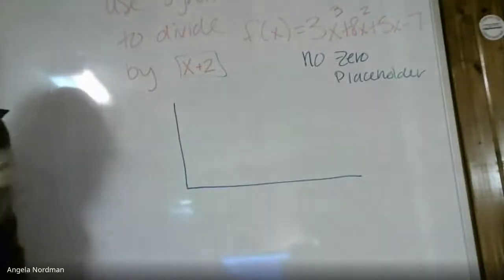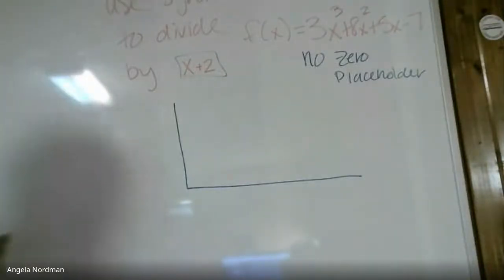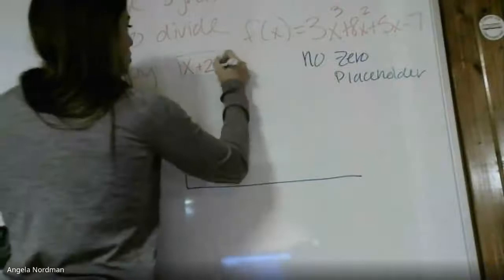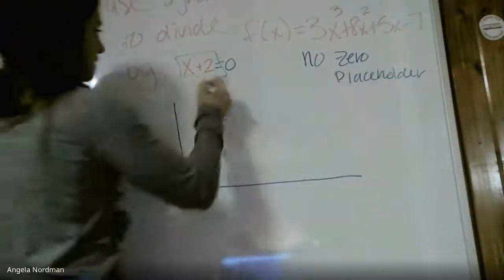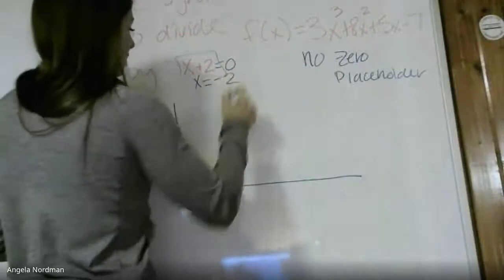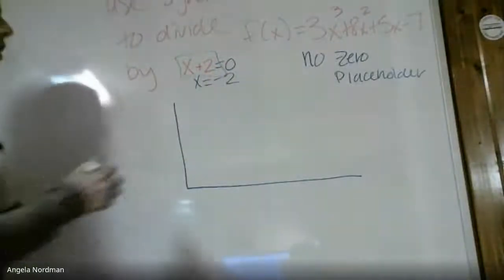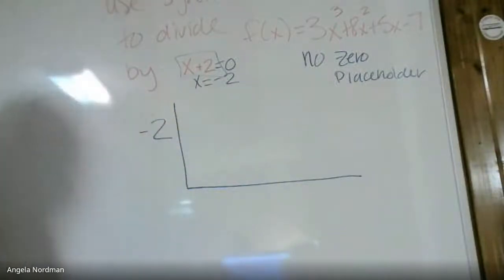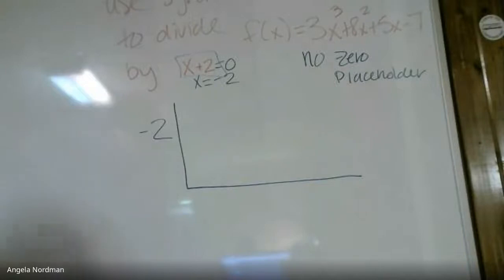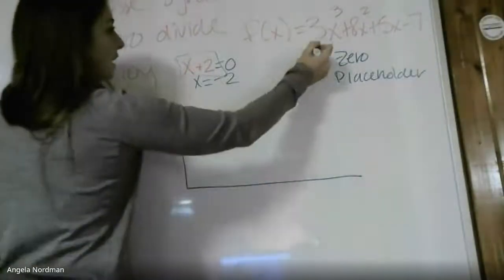What's that specific number that I'm actually dividing by? We set this equal to 0, and then we solve for x. In this case, that's really easy. It's just subtracting 2. Whatever's on the right side of the equal sign is what goes on the outside of the synthetic division bar.